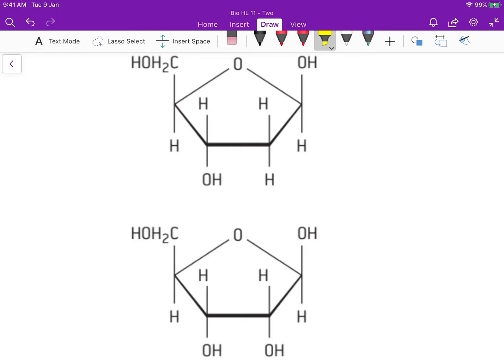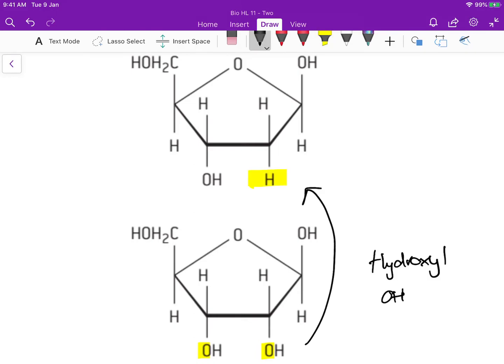So we can see down at the bottom, here we have 2 oxygens. We've got OH and OH as part of those hydroxyl groups. A hydroxyl group is an OH group. Whereas up at the top, there's the removal of oxygen.